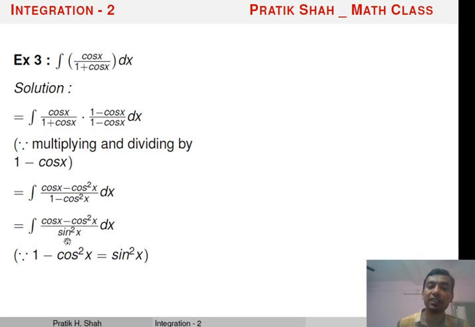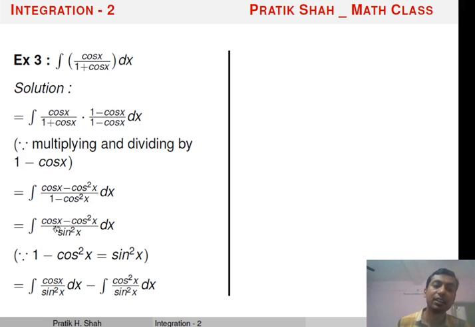So cos x minus cos square x upon sin square x. Now since the denominator has a single term, we can separate it out. It means we can put the denominator separately under all the terms of the numerator. So we get cos x upon sin square x minus cos square x upon sin square x.